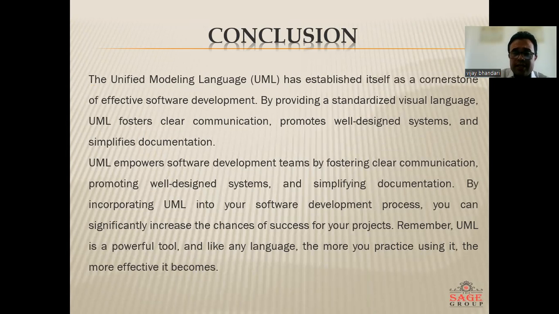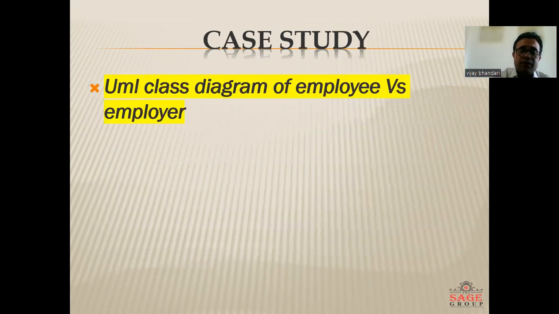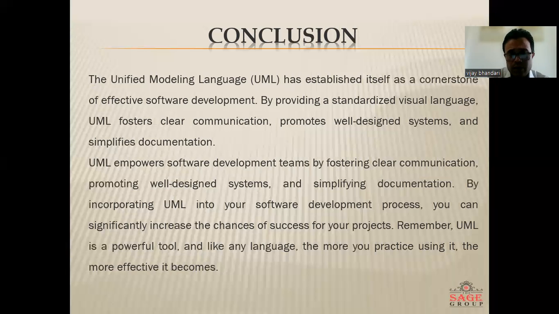By providing a standardized visual language, UML fosters clear communication, promotes better design, and simplifies documentation. By incorporating UML into your software development, you significantly increase the chances of success for your projects. Remember, UML is a powerful tool, and like any language, the more you practice, the more effective it becomes.